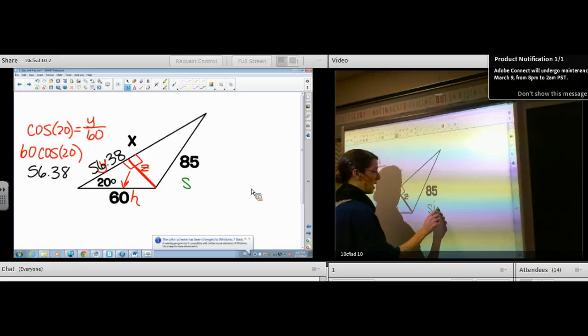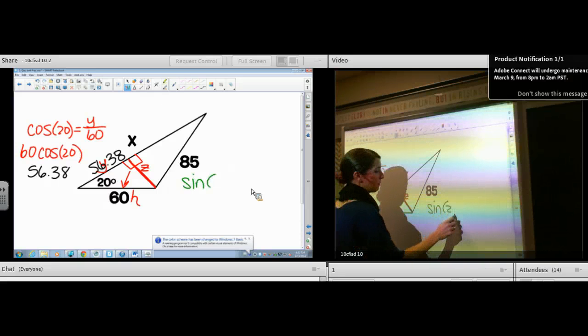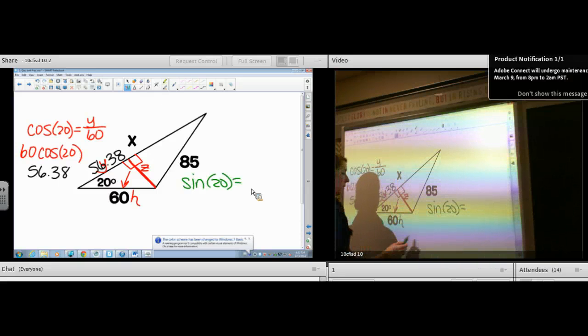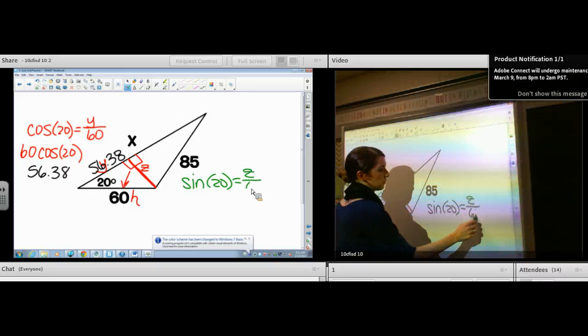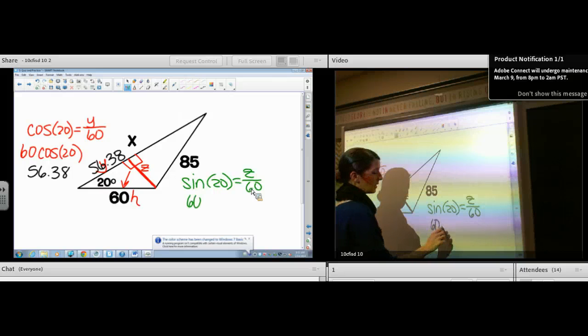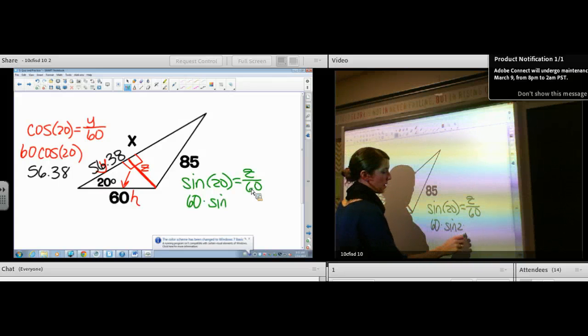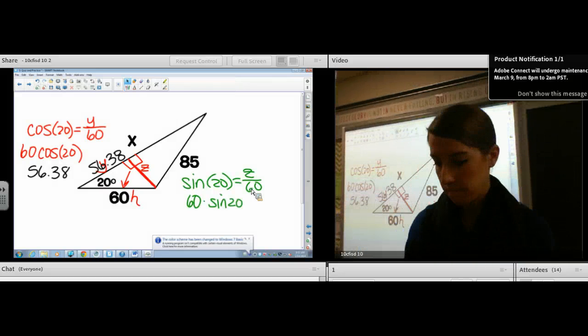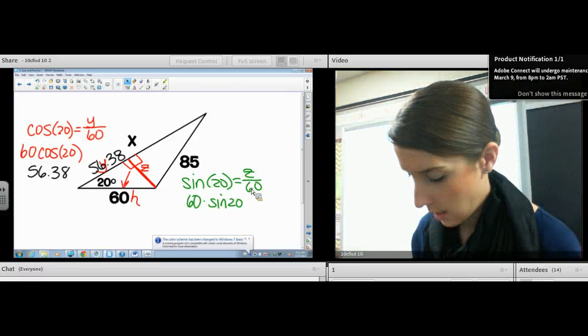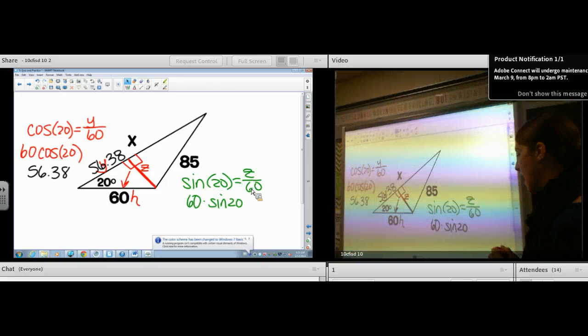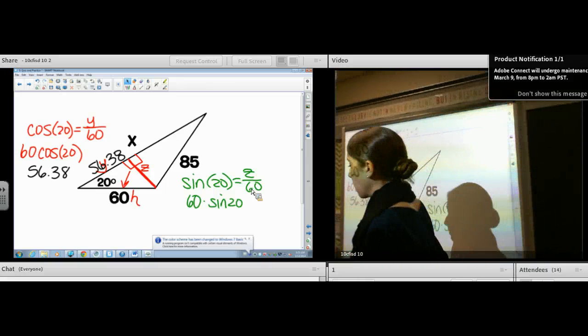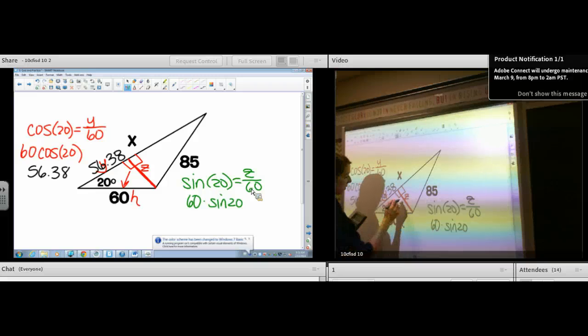So sine 20 equals opposite over hypotenuse. 60 times sine 20, and you get 20.5. And I really don't like when we round as we go.